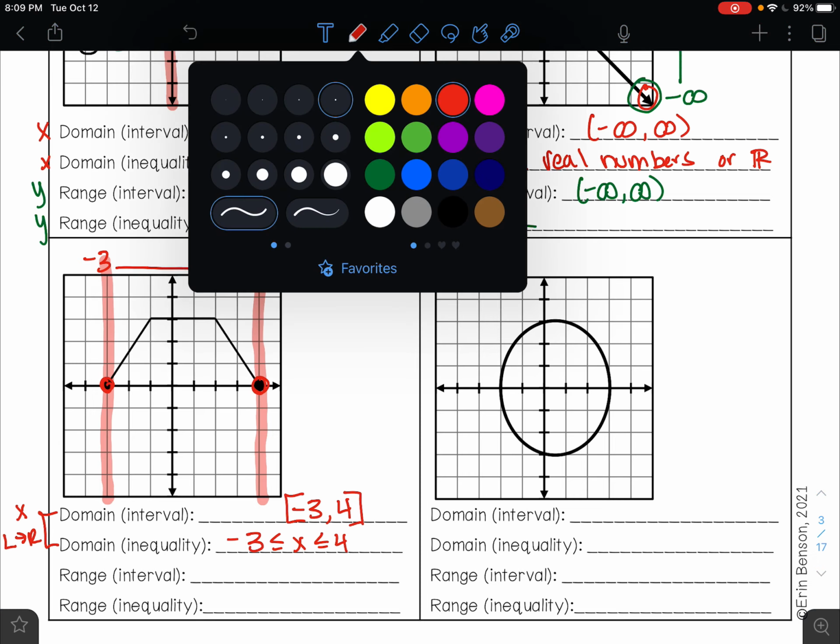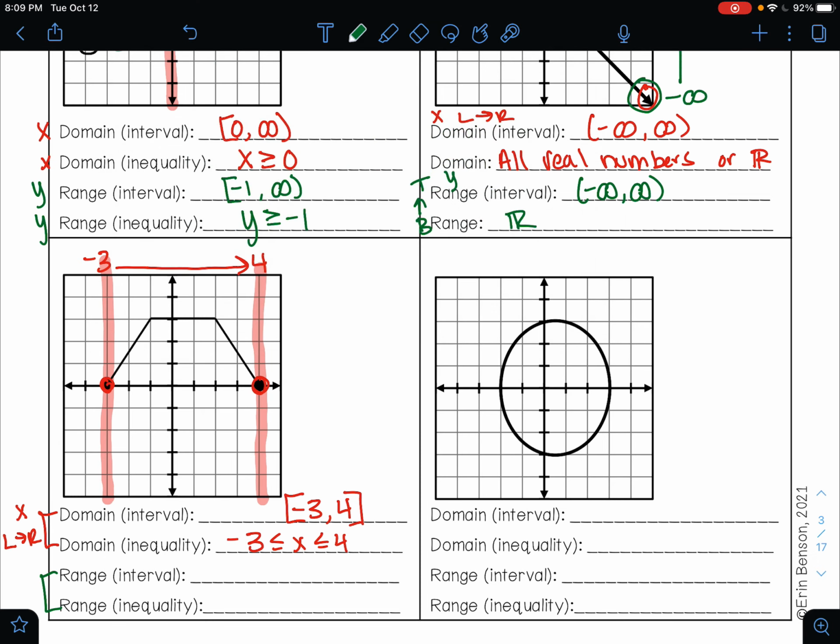Your range are your y values from the bottom of your graph to the top of your graph. The bottom of my graph are both of these points here. They're both the same level. So my bottom of the graph is where y is 0.